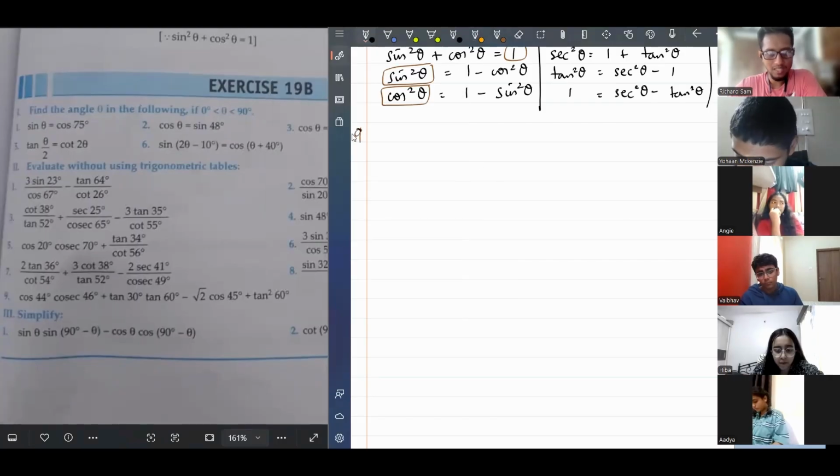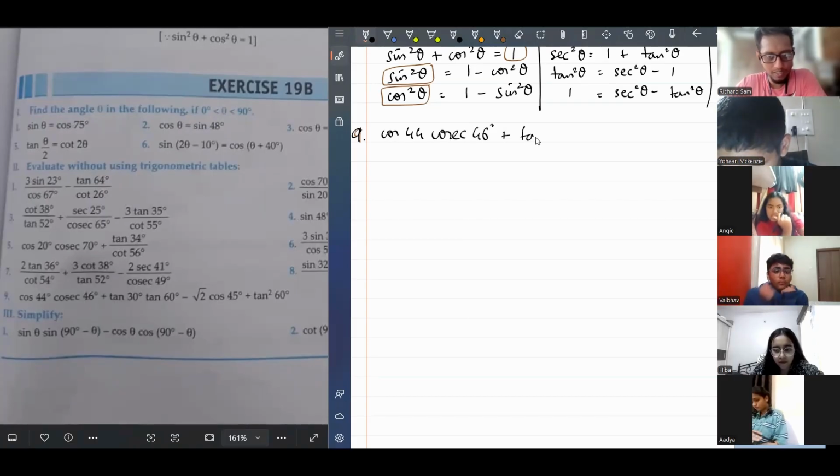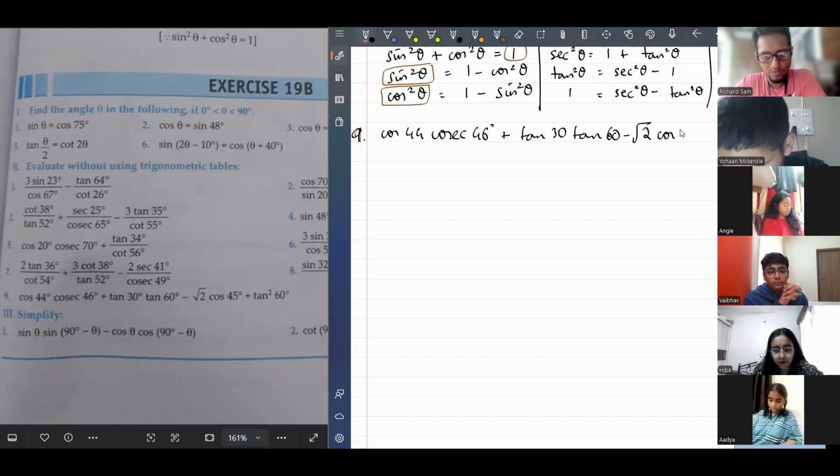Okay, so question number 9: cos 44 cosec 46 plus tan 30 tan 60 minus root 2 cos 45 plus tan square 60. Okay, so here, which angles add up to 90?